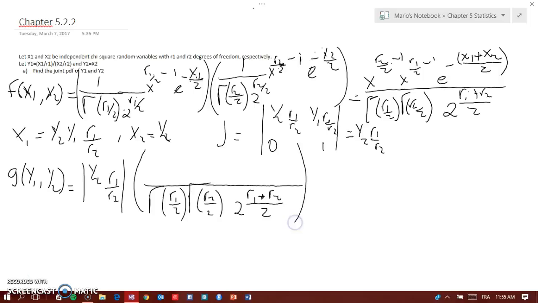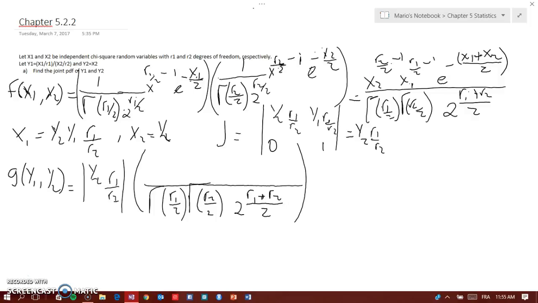And now the top part is where all the ugliness is going to come. So we had x1 and x2, actually I think I made a mistake. That's actually x2, and that's x1. Yes.